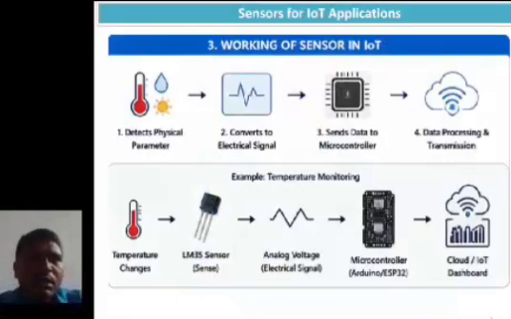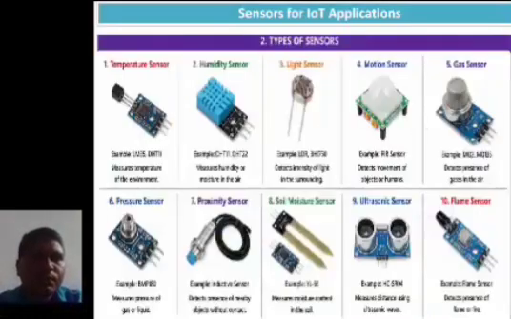So the sensor helps the system take intelligent decisions. The values from the sensor get processed by the controller, and finally go to the cloud. So this is the basic working of a sensor.